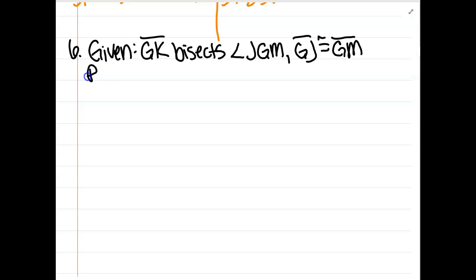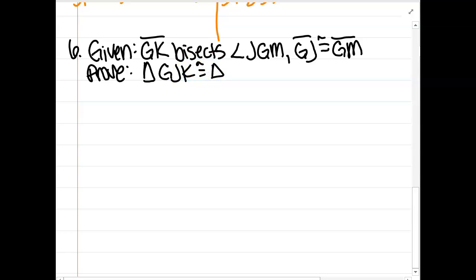And what we're trying to prove is that triangle GJK is congruent to triangle GMK.